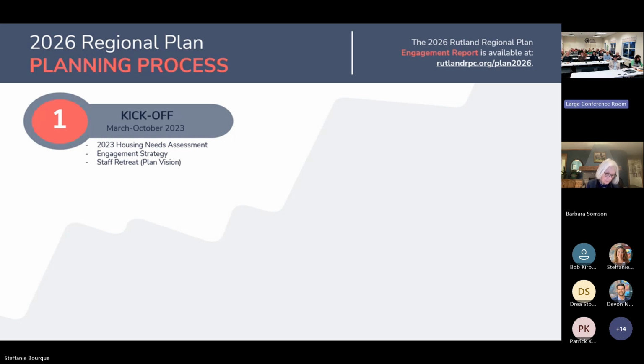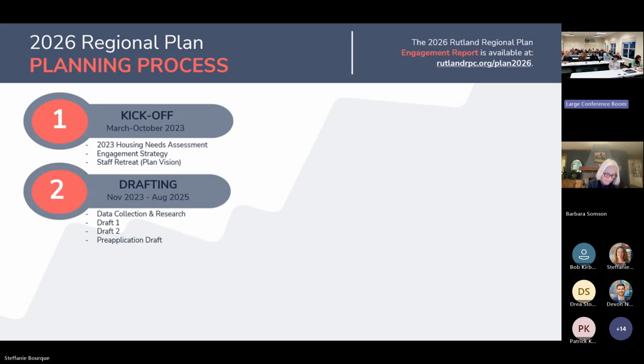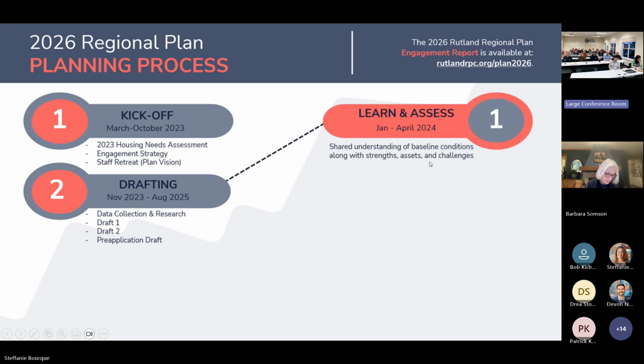We developed our engagement strategy, and then we kicked everything off with our staff at a retreat in October. From there, we moved into the real drafting part of the planning process. That ran from roughly November of 23 through August of 25. And it was during the drafting phase that we implemented our engagement strategy.